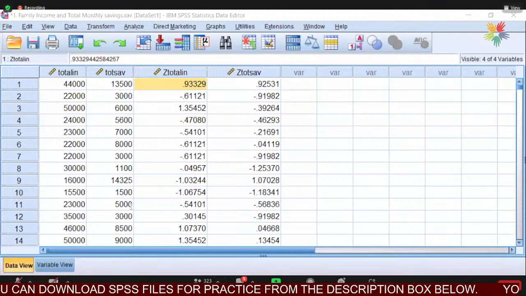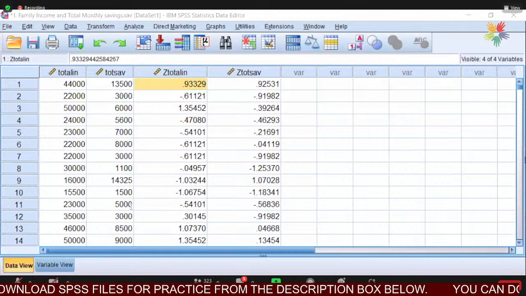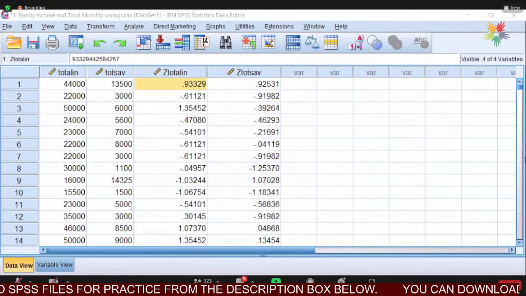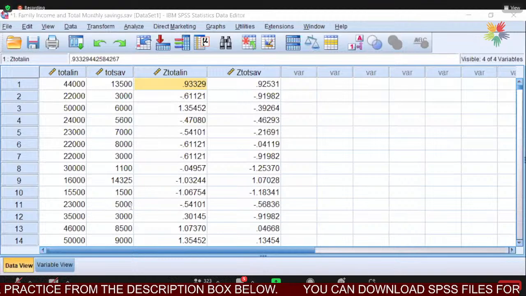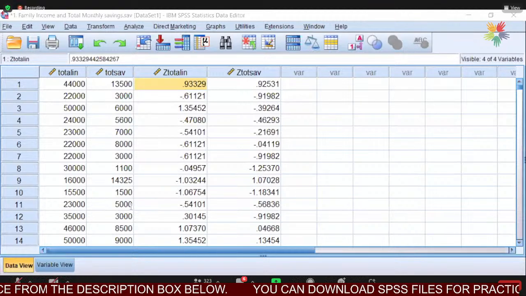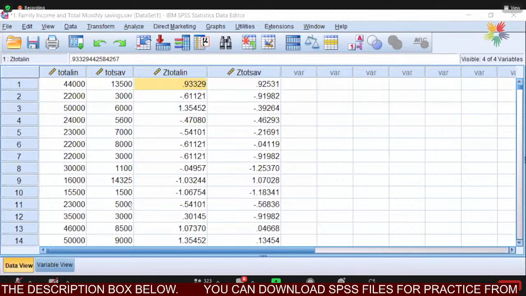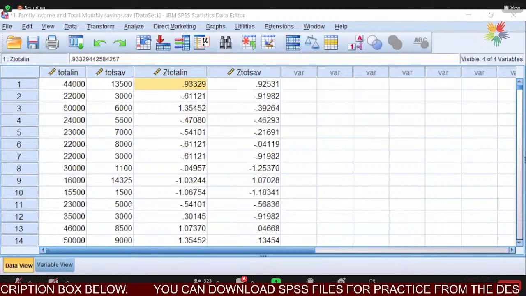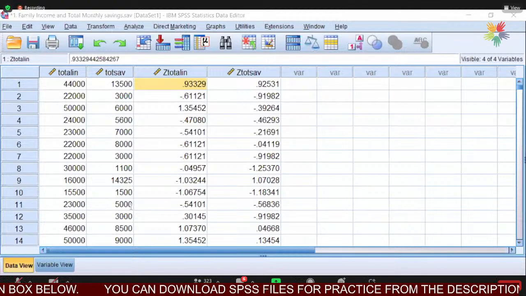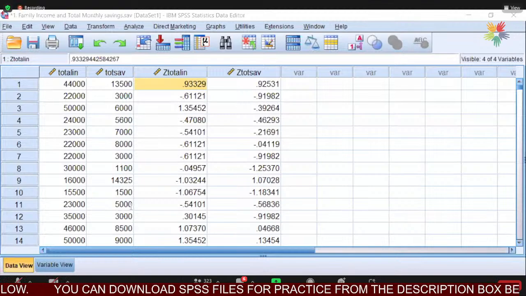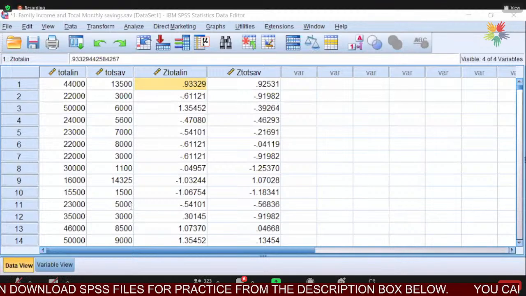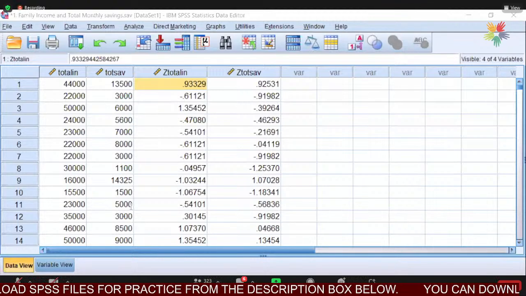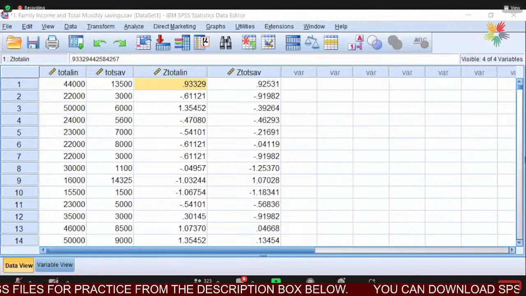Okay, so let me take a small sample. I have typed all the data on my own. I have one dependent variable which is savings.